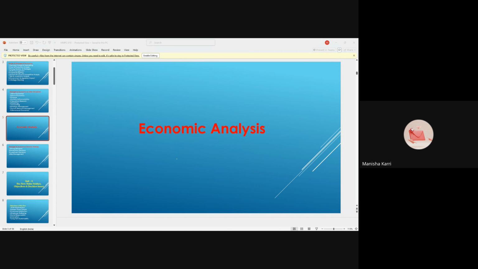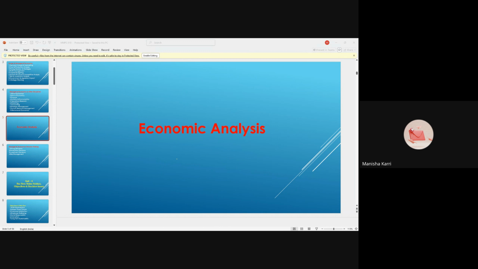Then macroeconomics focuses on aggregate economic variables such as GDP growth rate, unemployment, and inflation. These are the key methods used in economic analysis, including statistical analysis, econometrics, cost benefit analysis, and modeling.